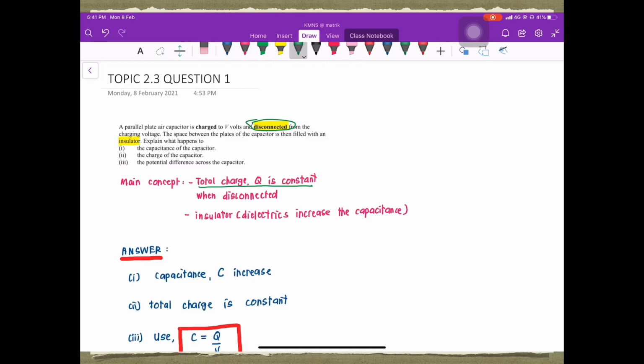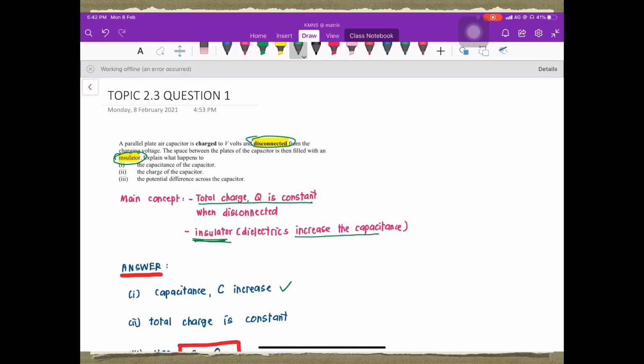The second concept: the insulator will increase the capacitance. Now, look at the first answer. What happened to the capacitance? After disconnecting, the capacitor is filled with the insulator. Therefore, capacitance increases because of the dielectric.